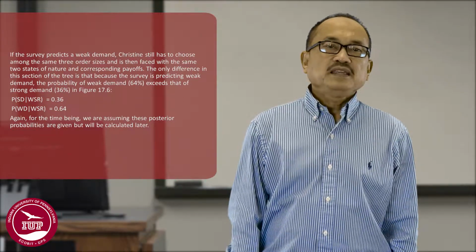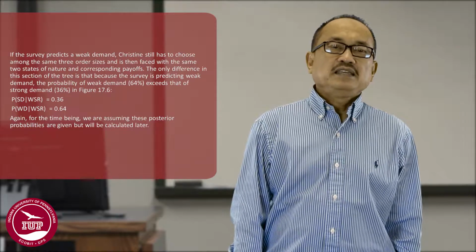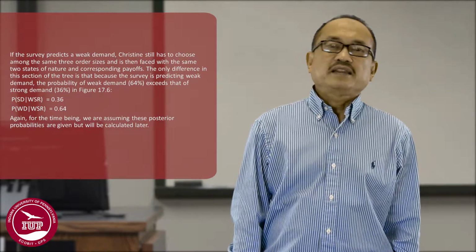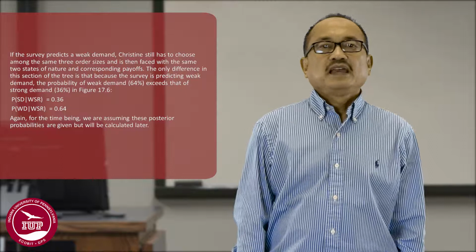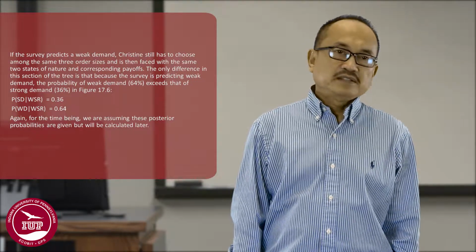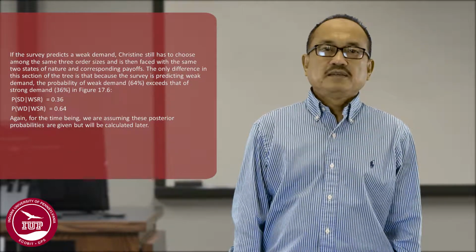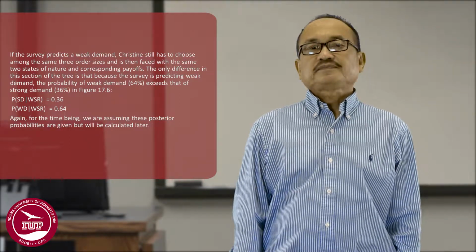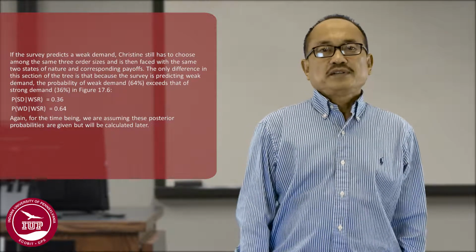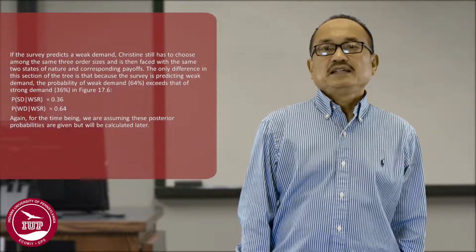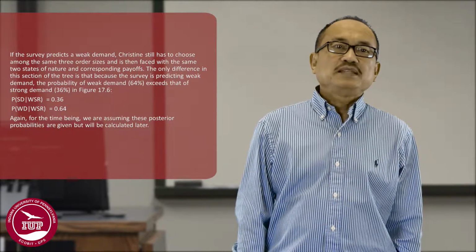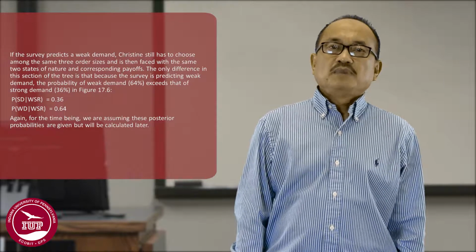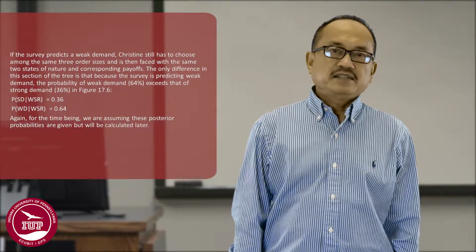So probability of SD given WSR is 36% and probability of WD given WSR is 64%. Again, for the time being, we are assuming these posterior probabilities are given but will be calculated later.